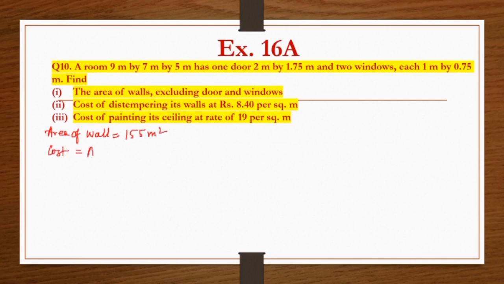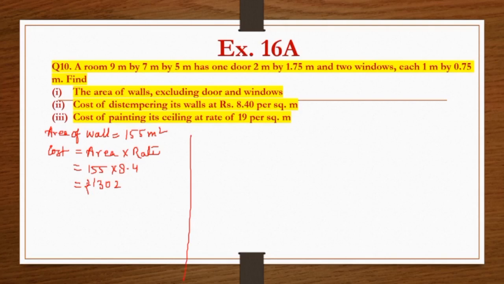So area we have and rate is already given, that is 8.4. Let's solve this. 155 as it is multiplied by 8.4. If you solve it, you will get your answer, that is 1302 rupees.